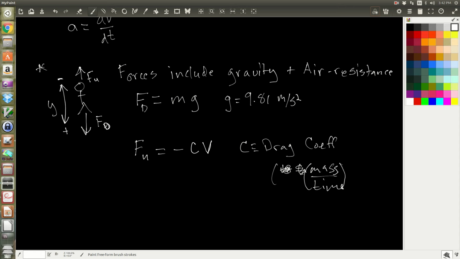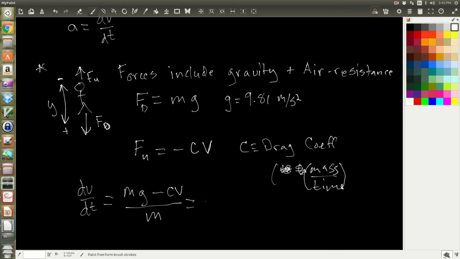Alright, now what we can do is plug these values back into Newton's second law. Newton's second law again says the acceleration, which is dv dt, is equal to the net force. So we're going to have mg, which is the downward force, minus cv, which is the drag force, all divided by the mass of the parachutist.